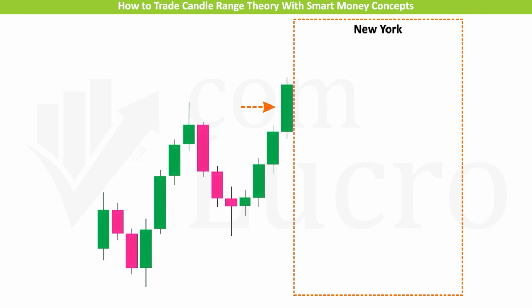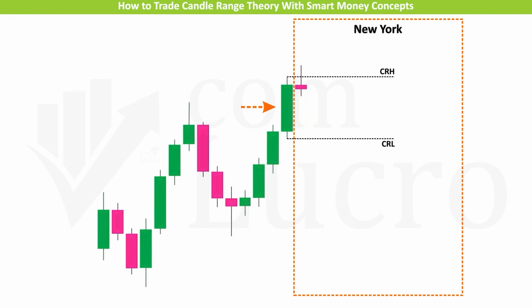Why? Because the New York session often produces strong reversals, especially shortly after the open. It typically begins by sweeping liquidity built up during the London session and then shifting direction. This behavior creates excellent trading opportunities. So here's a smart and structured approach. Apply the CRT model to the 1-hour candle immediately before the New York open.